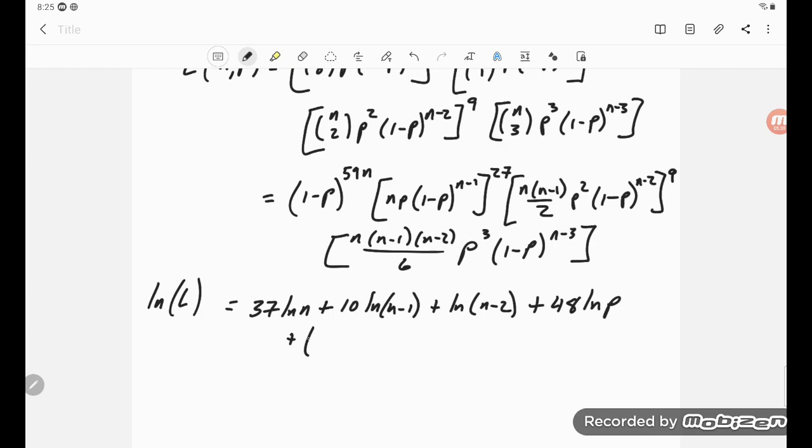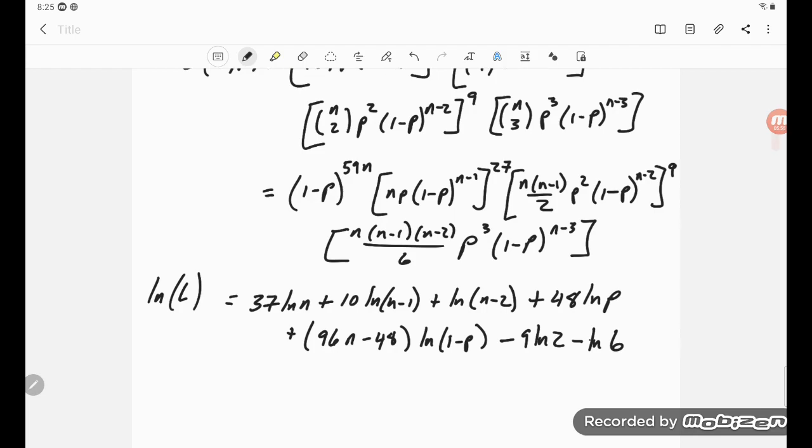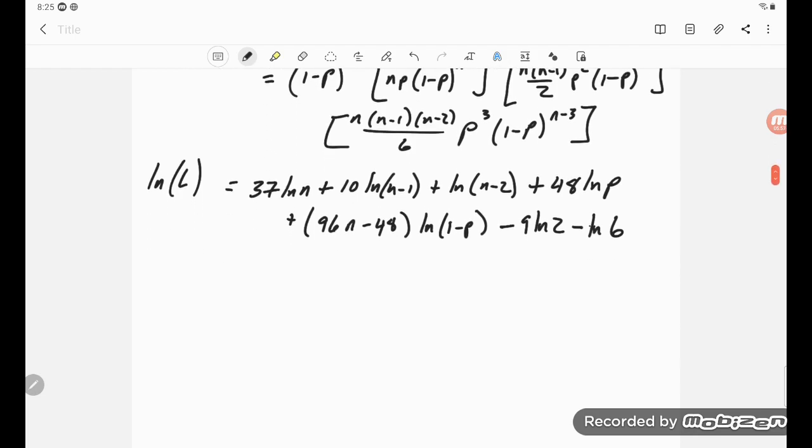So then just 96n minus 48 natural log of 1 minus p. And then a couple of constant terms, minus 9 log 2 and minus log 6. So I believe that's what you get when you take the log and simplify everything.